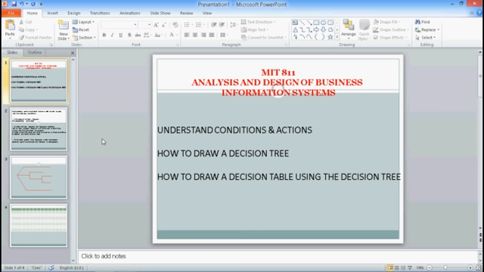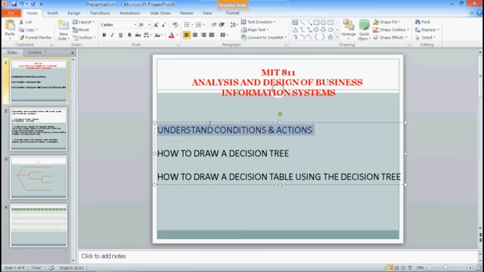In this first part of our tutorial, we'll be treating just three basic aspects. Then we'll cover how to actually draw a data flow diagram in part 2. In this first part, we'll try to understand what we mean by conditions and actions.